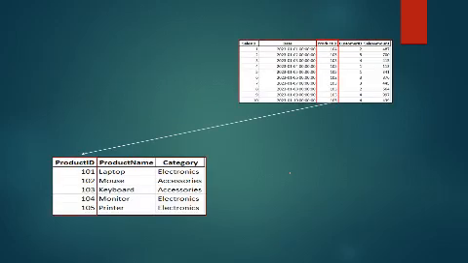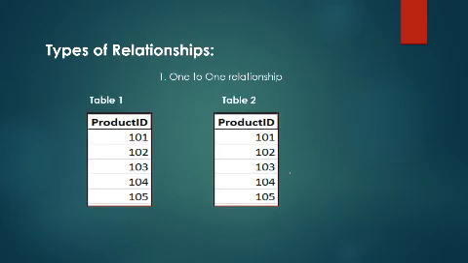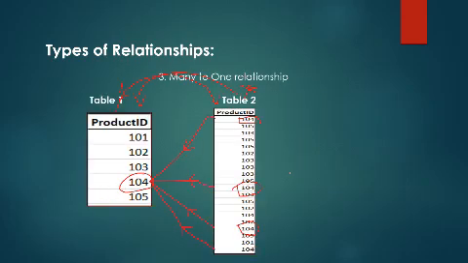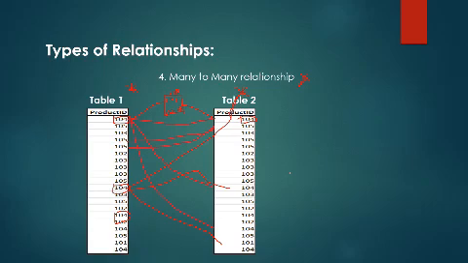Then the types of relationships in Power BI: one to one, one to many, many to one, and many to many. And what is one to one, one to many, many to one, and many to many relationships. And this one question is very important: how do you manage many to many relationships? By creating a bridge table is the answer, but you have to know practically how to do it.